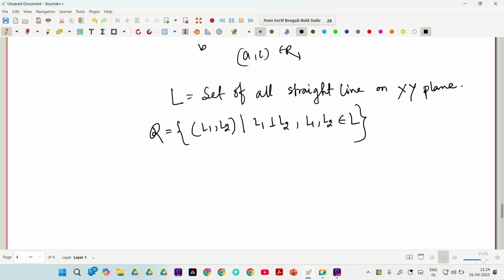You can also check whether this is antisymmetric or not. This is not necessary, but it will develop more analytical thinking.